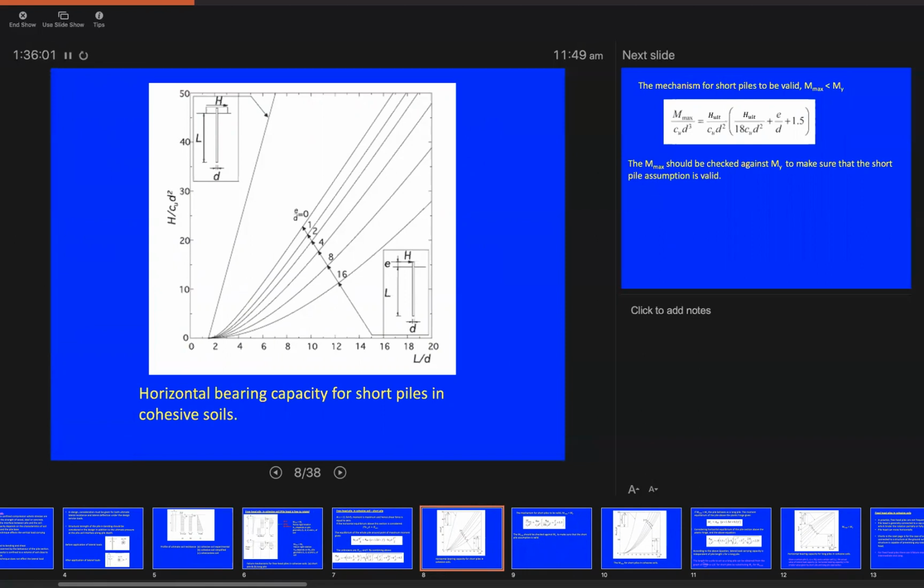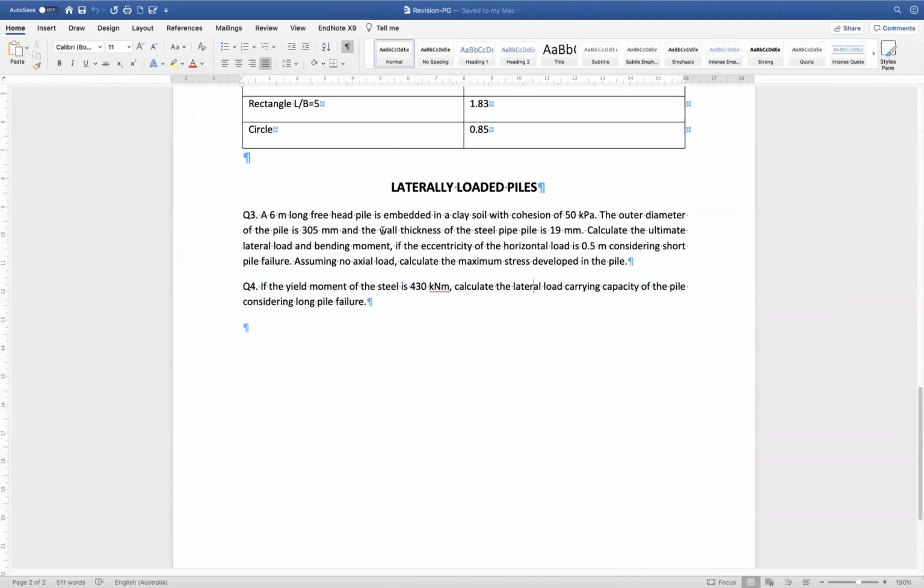And that's why you need to be as precise as possible while using the chart if you want to obtain an accurate answer which is comparable to the one you will get from the derived equations or the first principle of static equilibrium. Okay, we're going to go to the solution now for these questions.